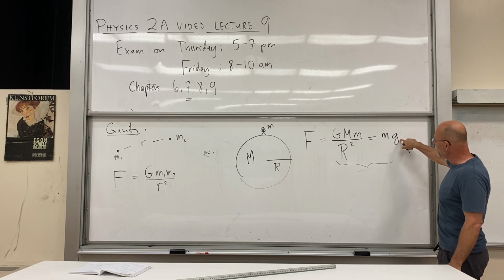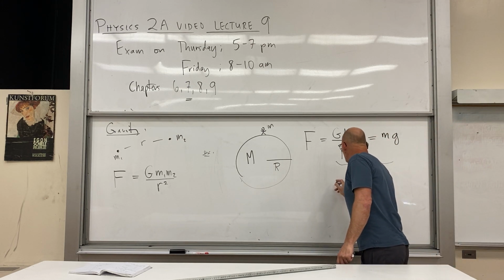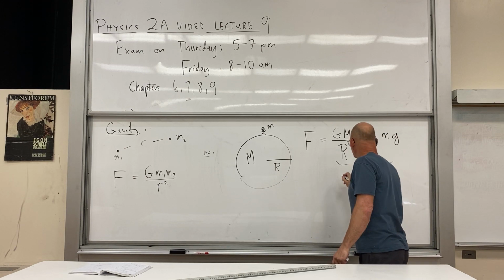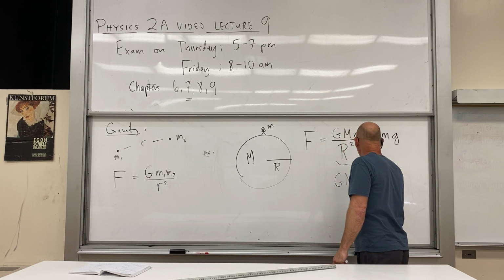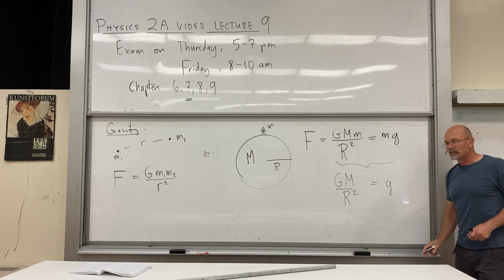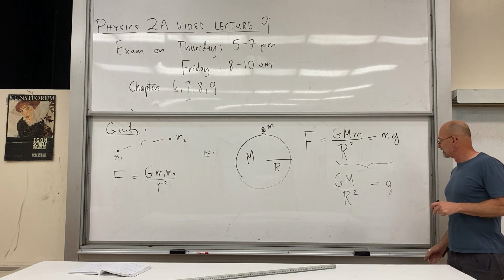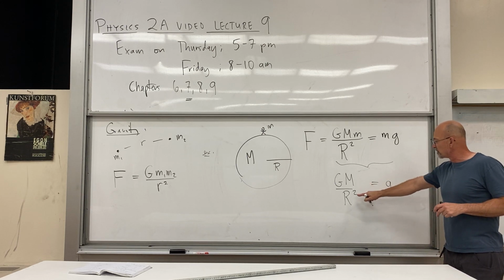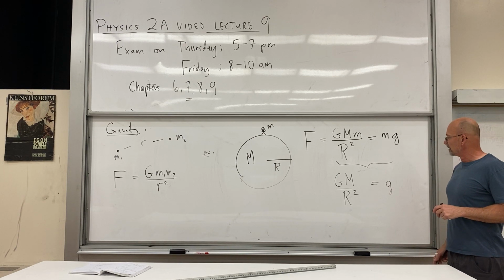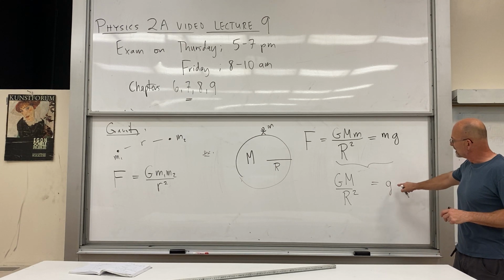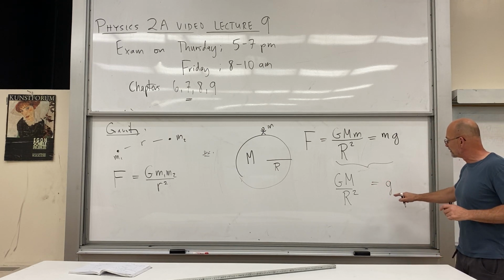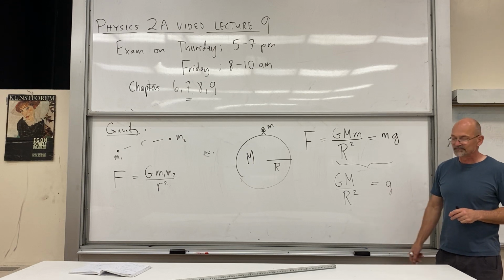So what we learn here is that this g, I'll leave it on this side here. Cancel m on both sides. We get capital G m over radius squared. So this is a great formula. I think I recommended that you guys look these numbers up and plug them in sometime and see that they really give you 9.8. But this substitution is something to keep in mind if I ask you to express certain results in terms of lowercase g.